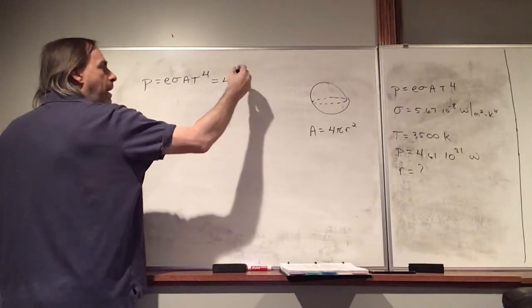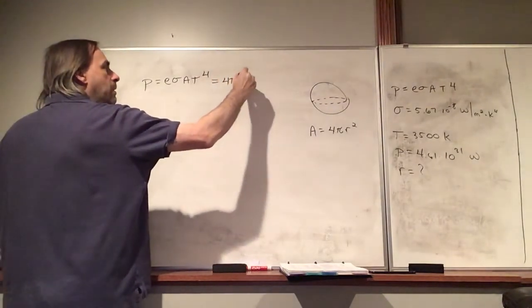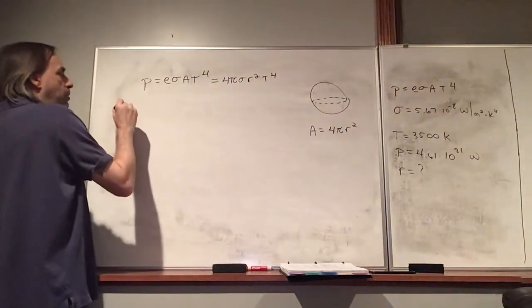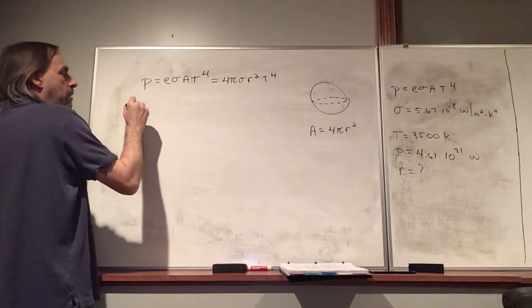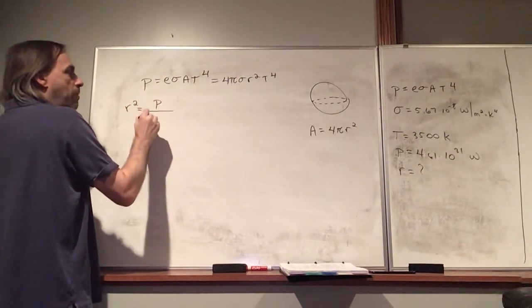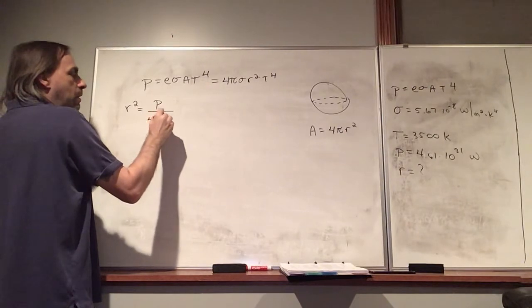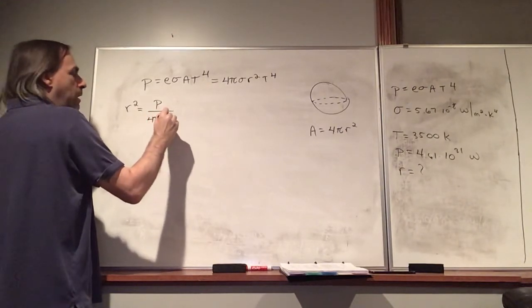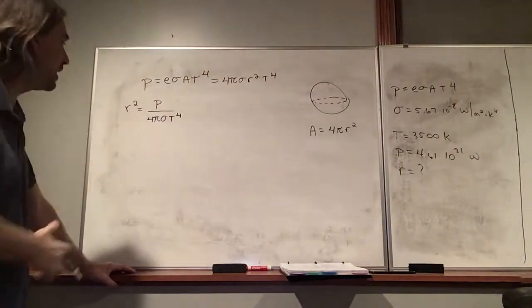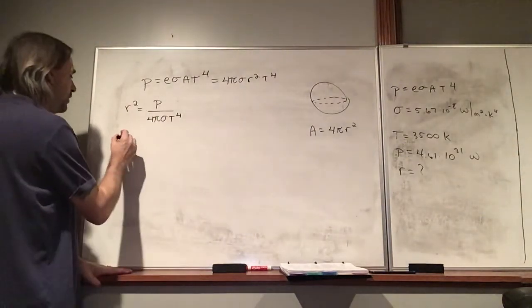I'll put the 4 pi in front since that's a constant. So let's solve for R squared, and then we'll take the square root. So R squared would be P over 4 pi sigma T to the 4th. So we're going to plug all this in and then take the square root.